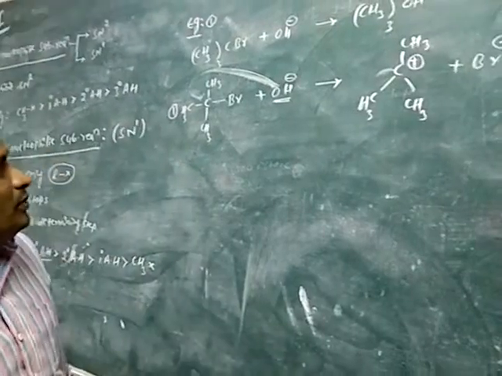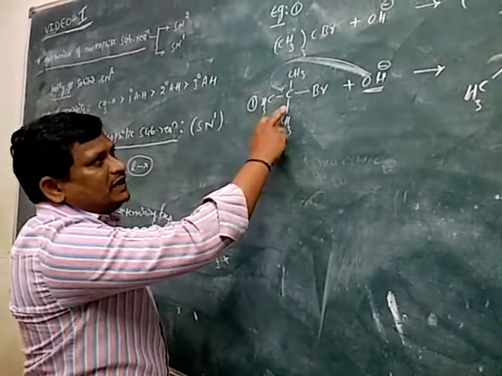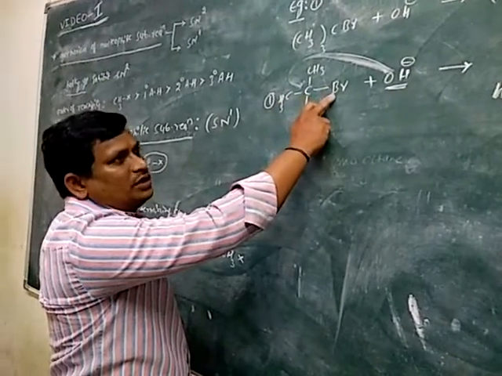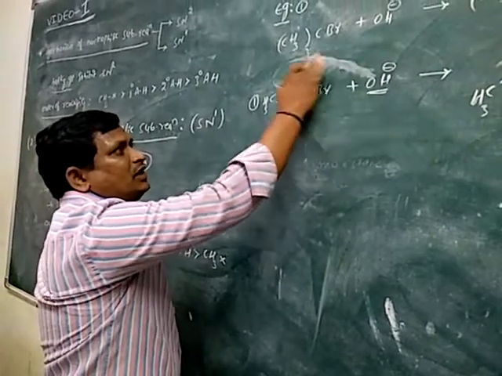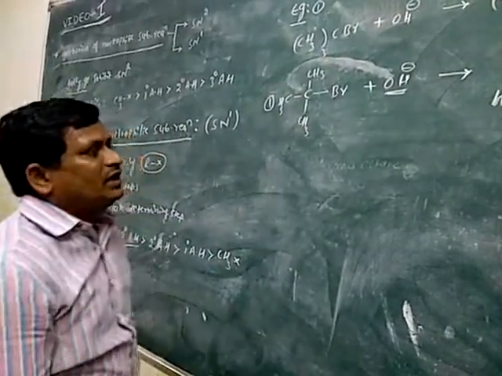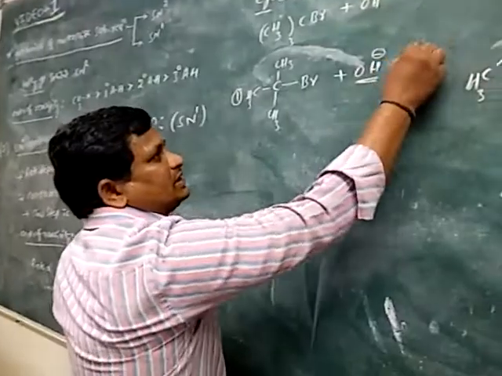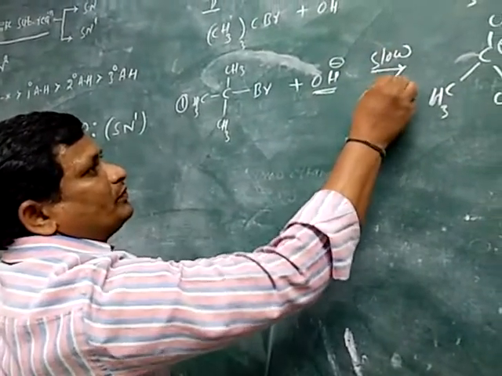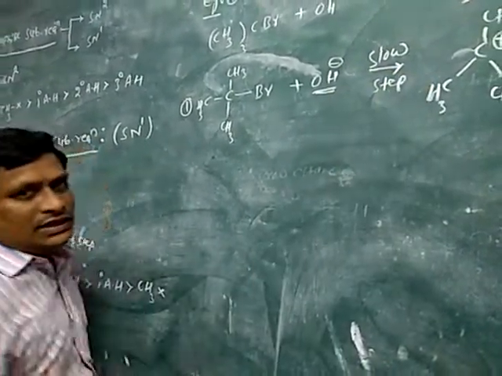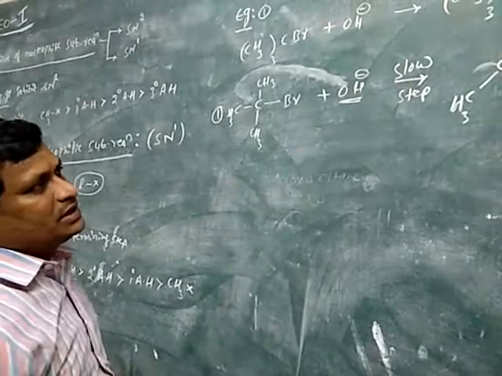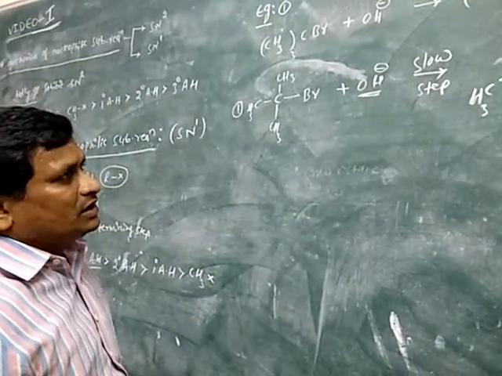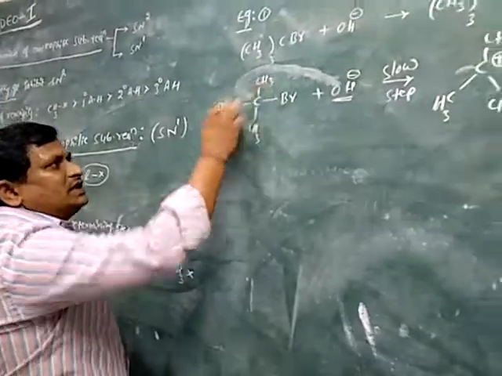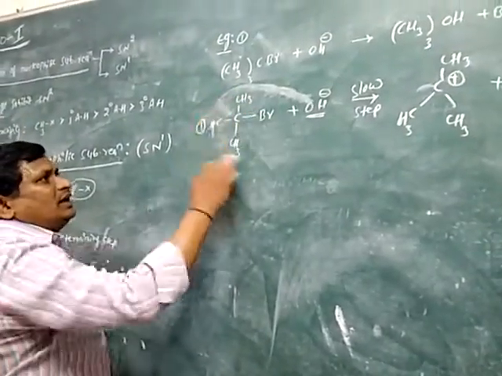In the first step, there is only cleavage of the C-Br bond. The nucleophile is not involved in this step. It is the first step, so it is the slow step. Generally in unimolecular reactions, the slow step is the rate determining step. So the rate depends only on the alkyl group.